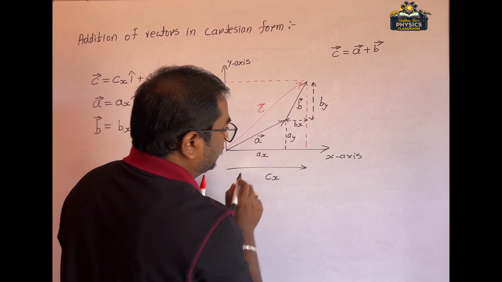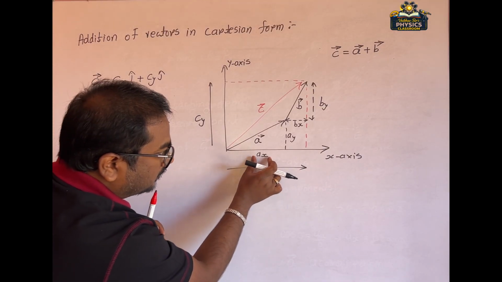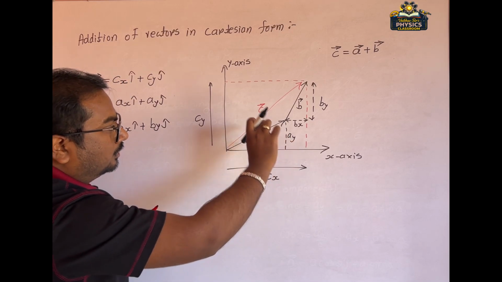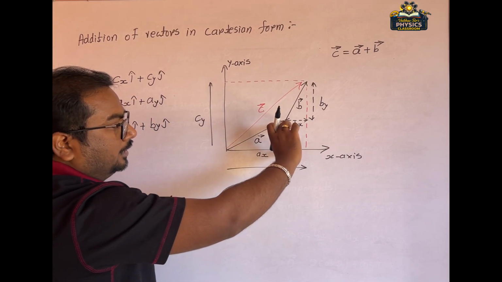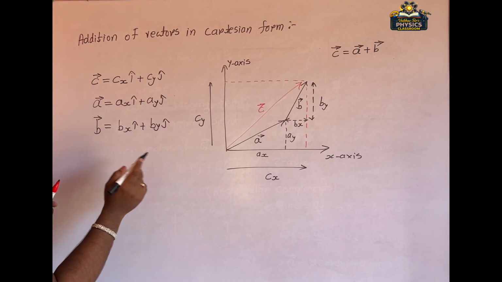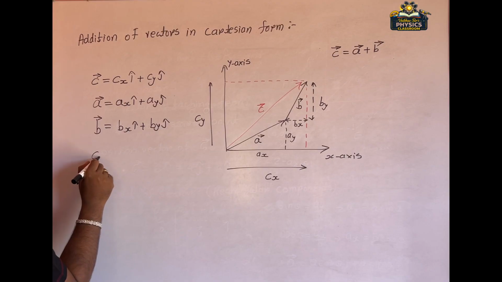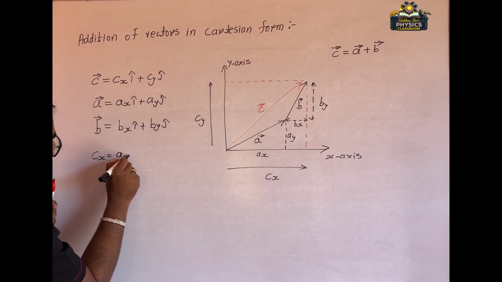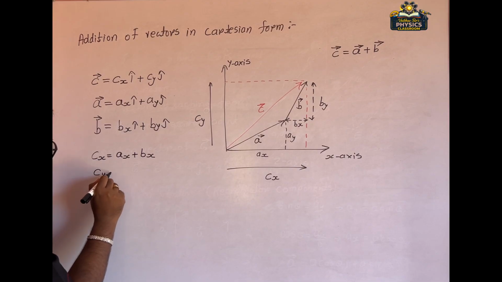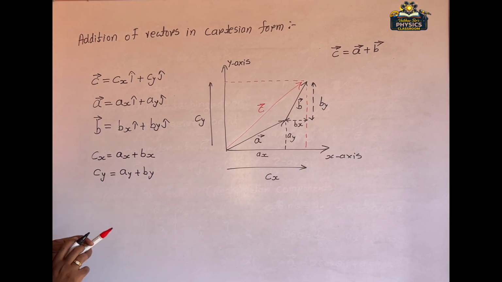Now you can easily find out that Cx is the addition of Ax plus Bx, and Cy will be the addition of Ay and By. Alright. So if I write here, Cx will be Ax plus Bx and Cy will be Ay plus By.